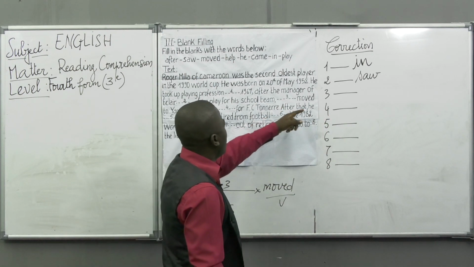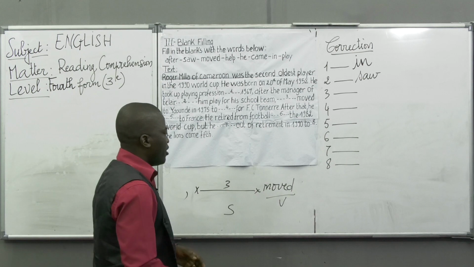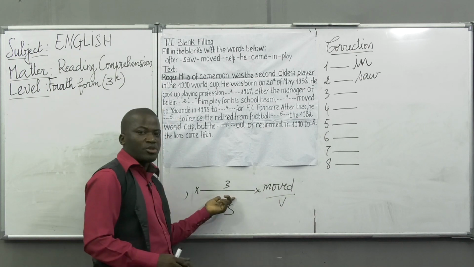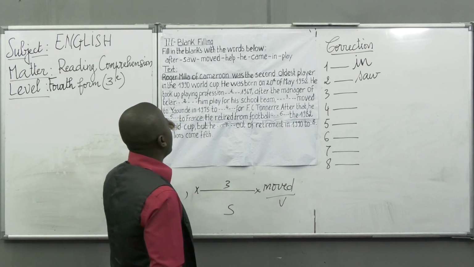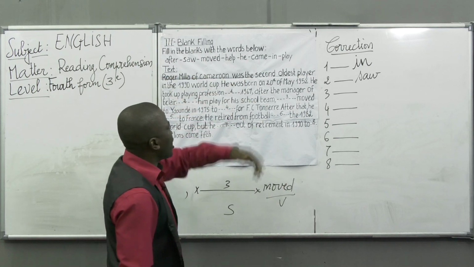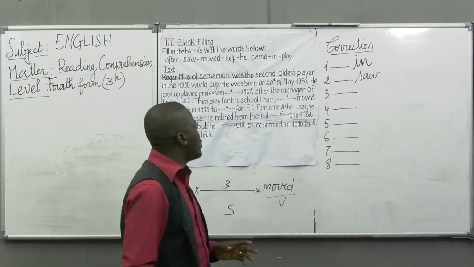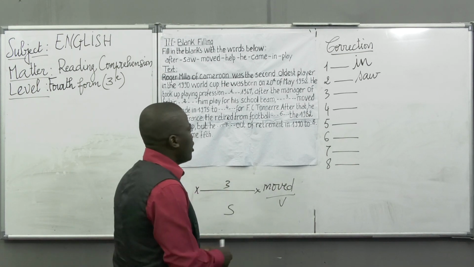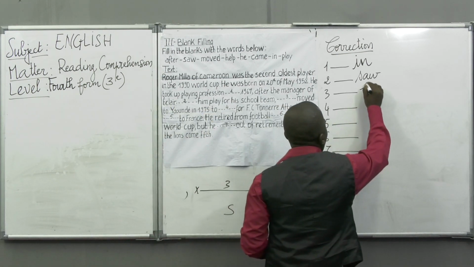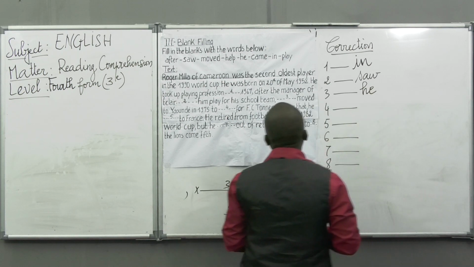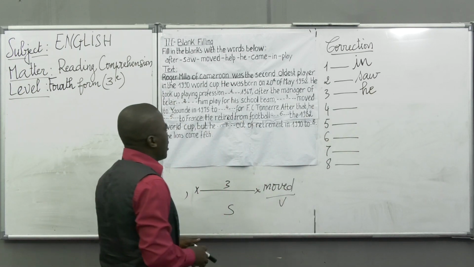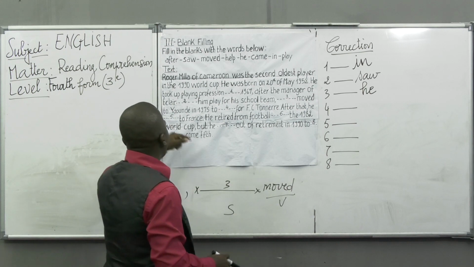Then, blank, moved to Yaoundé. It means that a subject is missing. Now, let's go back to the list of words. Which word is taken as a subject here? The only one is he. Then we write he. Good, class.